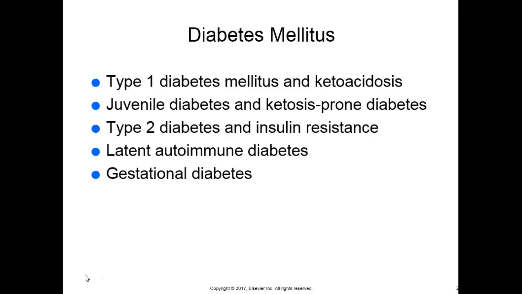The islet cell antibodies are circulating in the blood, and insulin is not required sooner than 6 months after the diagnosis is made. Sometimes patients who have latent autoimmune diabetes are mistakenly diagnosed as having type 2 diabetes.